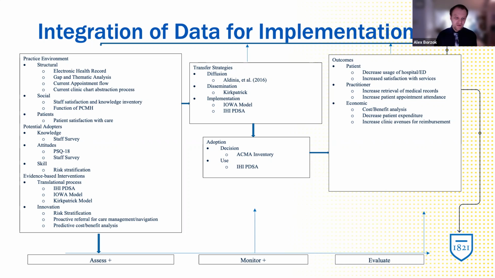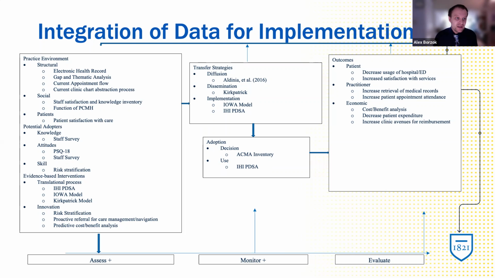So the Ottawa model divides everything into 3 different segments. So assessment, monitoring, and then the evaluation. So we look at what is there and what we need to use, the transfer strategies, how are we going to implement this, and then what outcomes are we looking at, and then how are we going to evaluate those outcomes to see whether or not this has been a successful program, but also successful implementation.